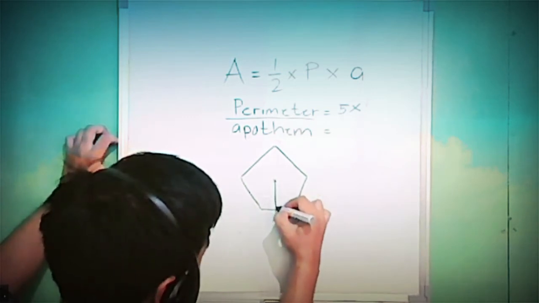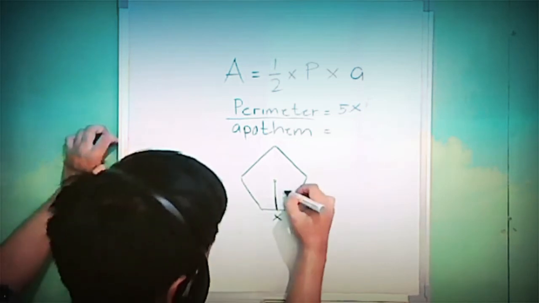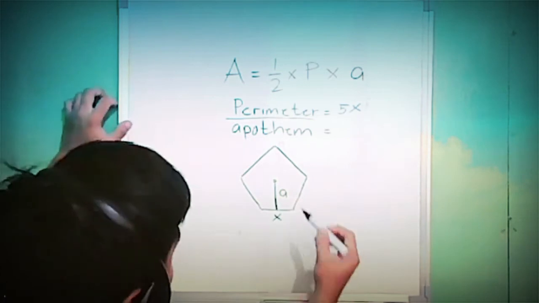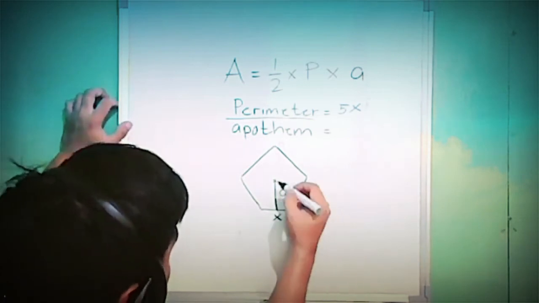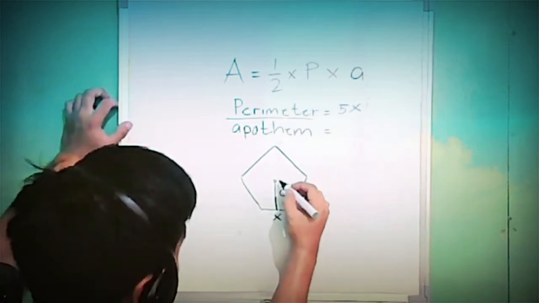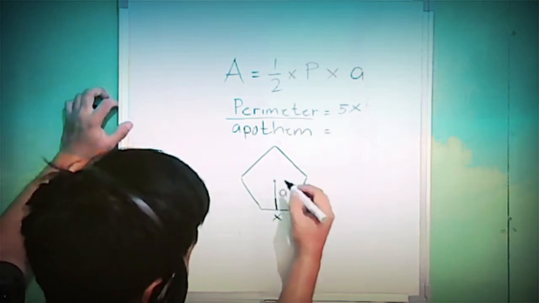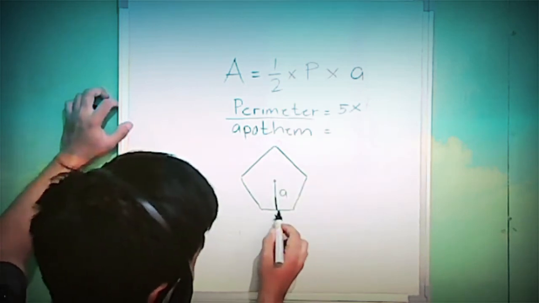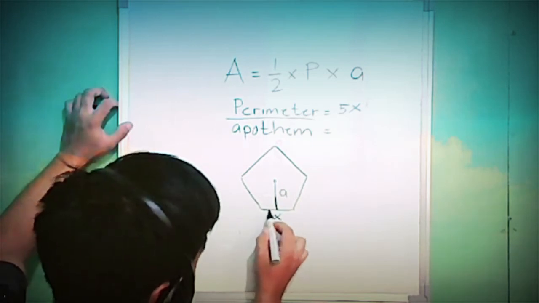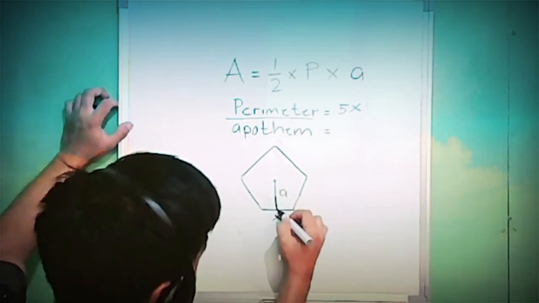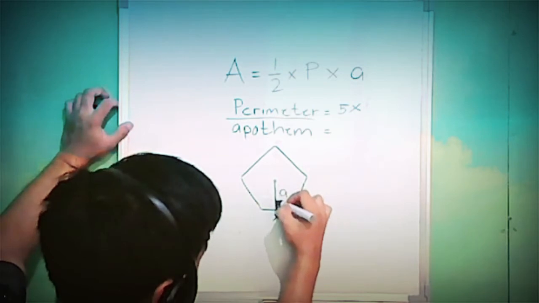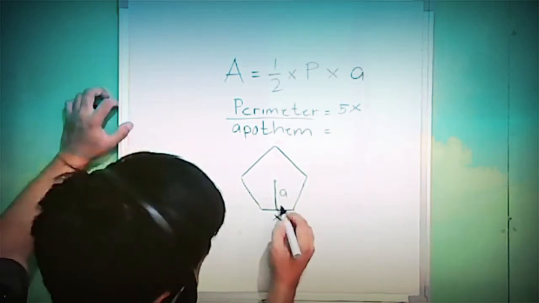So this is the apothem. Again, the apothem is the measure from the center of the pentagon to the midpoint of the side.